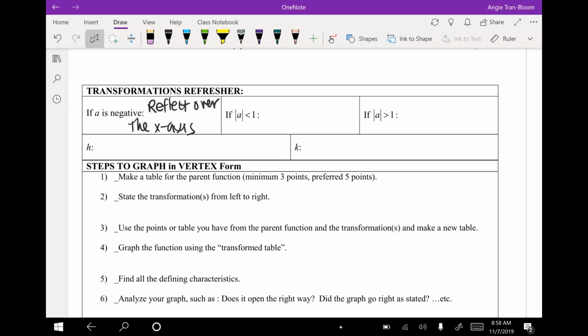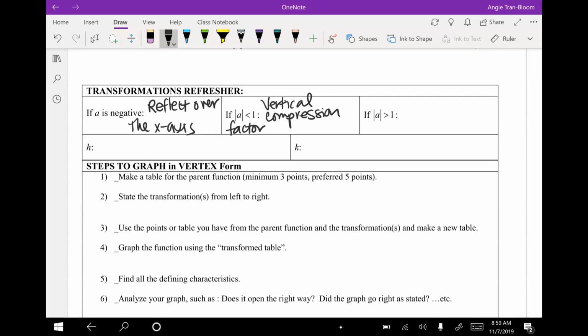So once we've taken care of the negative, we now move on to, hey, is it bigger than 1 or is it less than 1? So if a is, let's say, a half or 3/4 or 9/10, because it's less than 1, what kind of transformation is that? Compression. Vertical compression, you're right. Vertical compression, factor of that value.